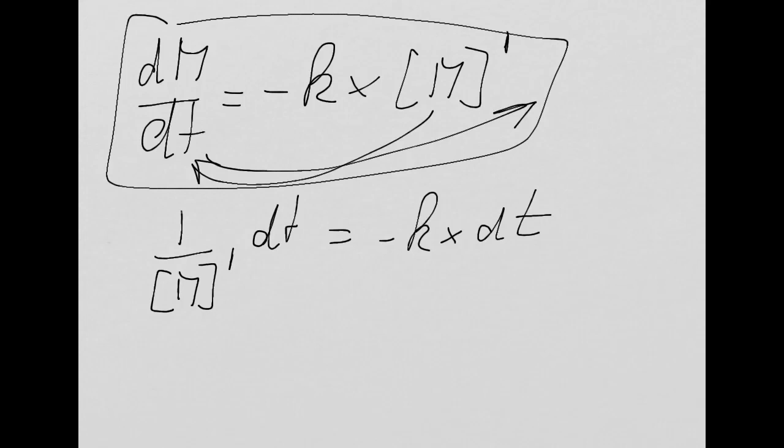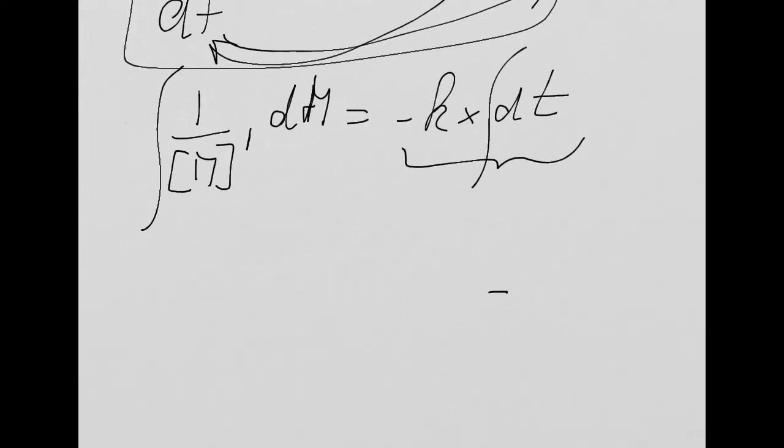Oh, sorry, that was an m here. Confused you. Now you do the integration again. This part here, we've actually already encountered. That was for the zero order reaction. It's the same thing, so it has the same solution. It has minus k times T final minus T initial. And because I'm lazy, I just abbreviate that as TF and TI.